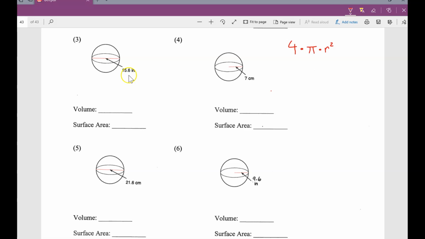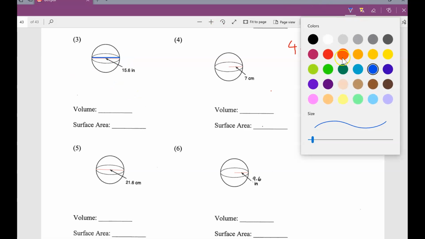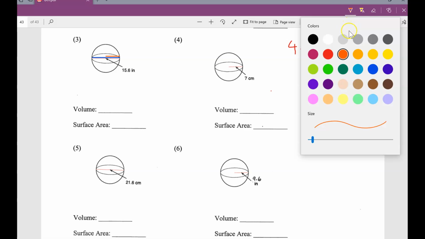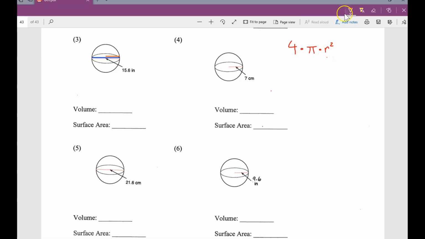So let's start off with number 3 as our example. You'll notice in number 3 that I've given you the diameter, the distance all the way across. We do not need the diameter to find the surface area. We need the radius, which is going to be half of the diameter, the distance from the middle to the edge.